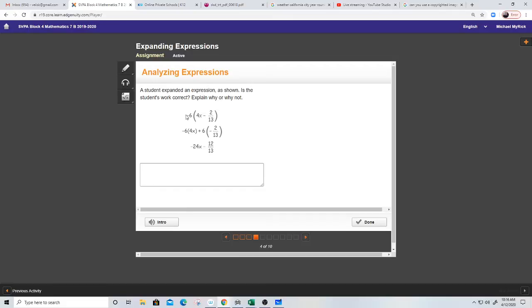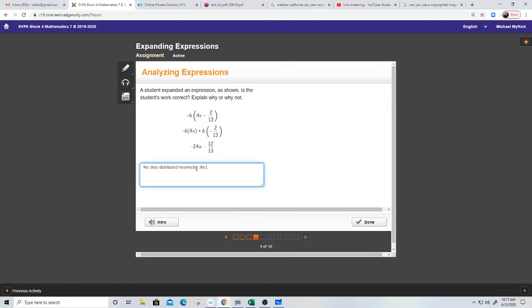Because if they would have distributed everything, it would have been negative 6 times a negative 2 13ths, which would have been a plus 6 times this inside. It wouldn't even have to be positive. So I'm going to go with no. They distributed incorrectly.